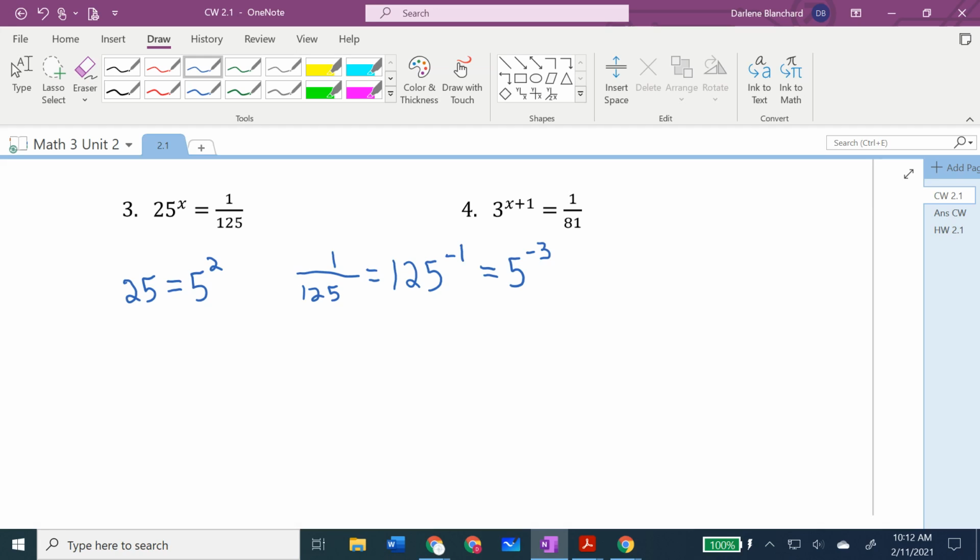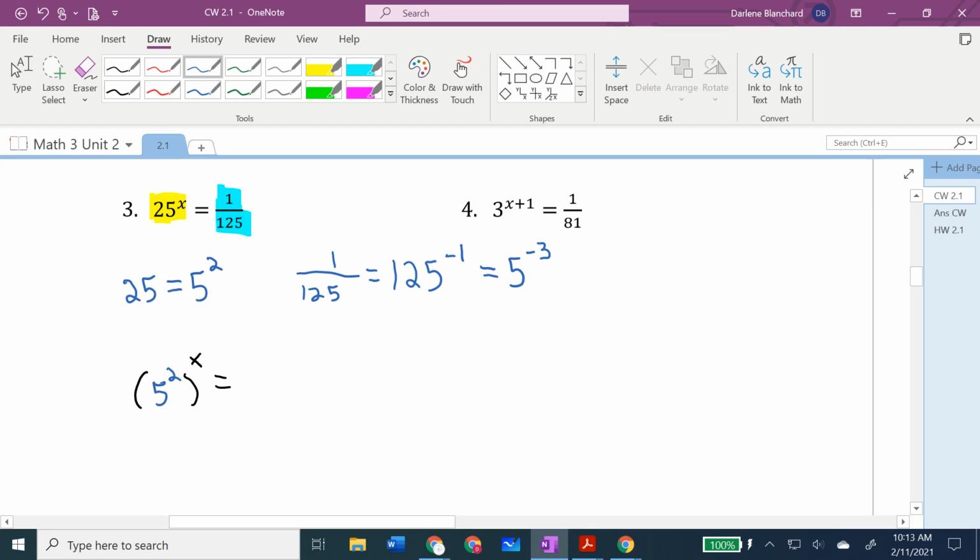When I go to solve number 3, I'm going to rewrite each of these where I have a 25, I'm putting parentheses. So 25, I'm replacing that with 5 squared.